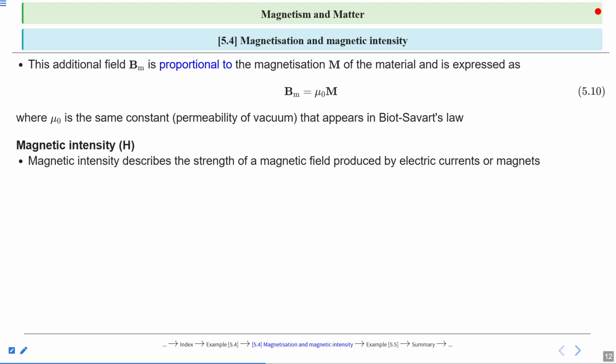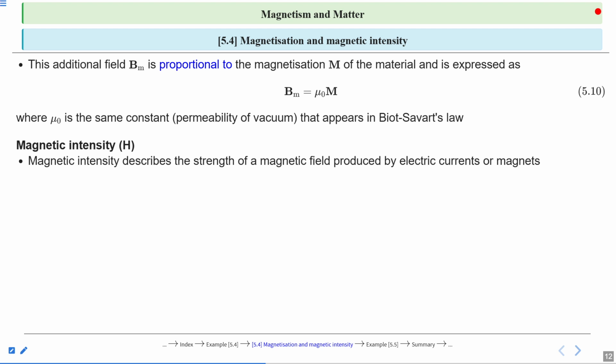So magnetic intensity describes the strength of the magnetic field produced by electric currents or magnets. It is also known as the intensity of magnetizing field, the field that is used to do the magnetization.